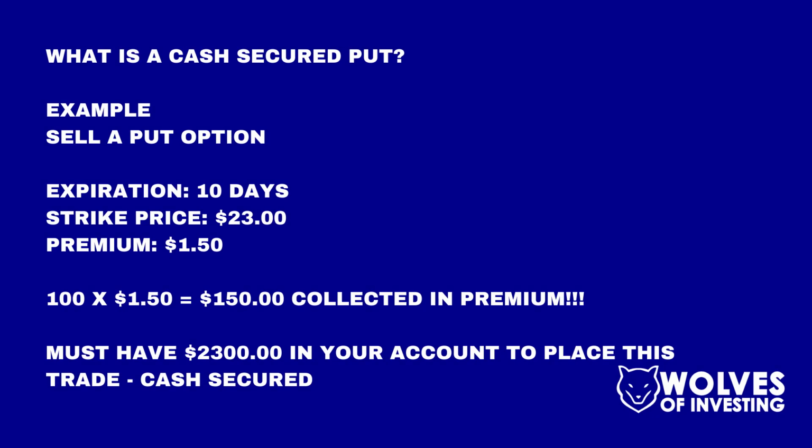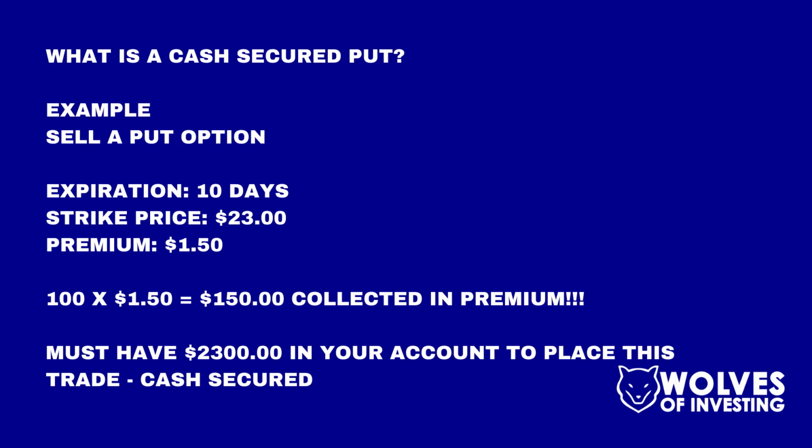Now let's replace this example with the cash secured put. The same stock has a put option that expires in 10 days with a strike price of $23 and a premium of around $1.50. For those of you who are brand new to options, one options contract represents 100 shares of stock.